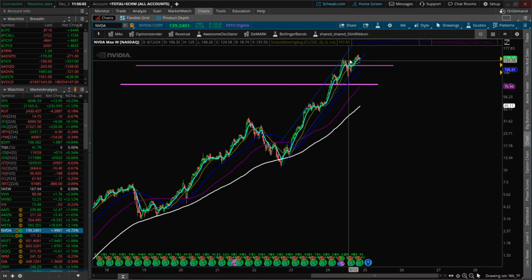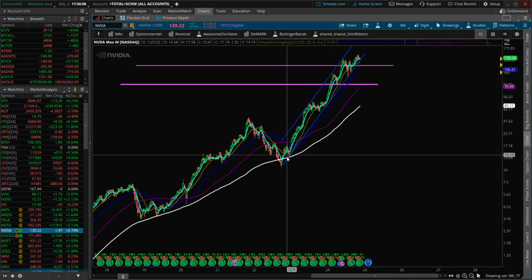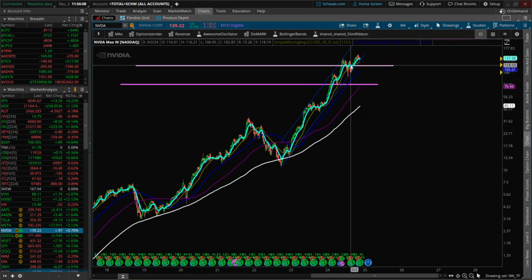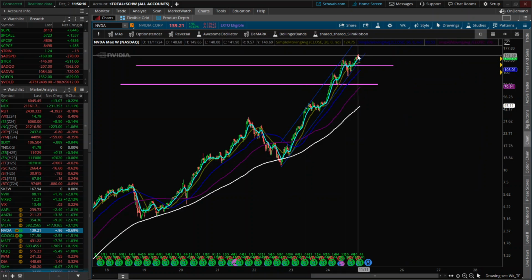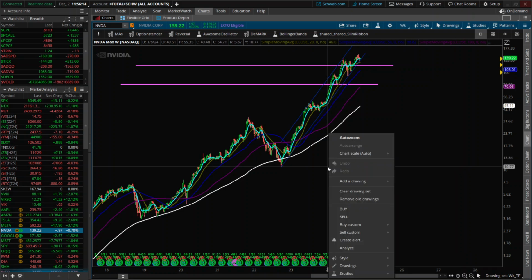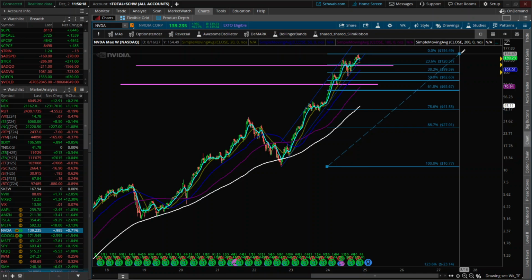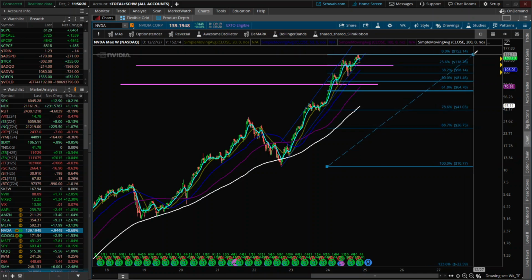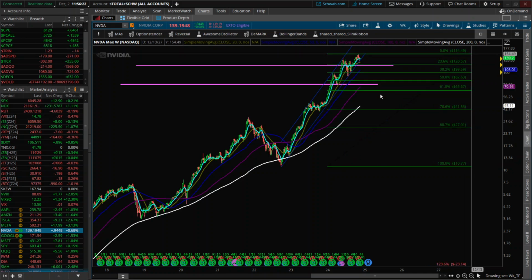I think we start correcting this move here. So if you want to count this as 1, 2, 3, 4, and wave 5, then it's likely that we retrace a certain extent of this entire structure. And we'll talk about that 5-wave move here.